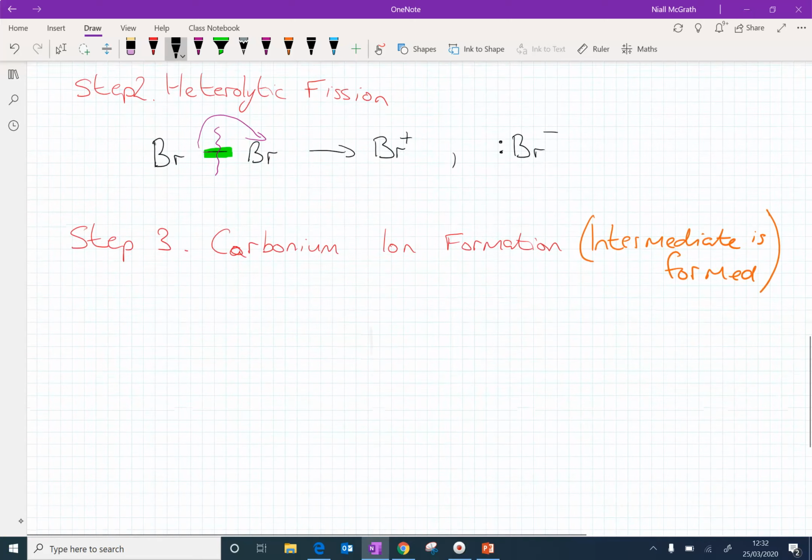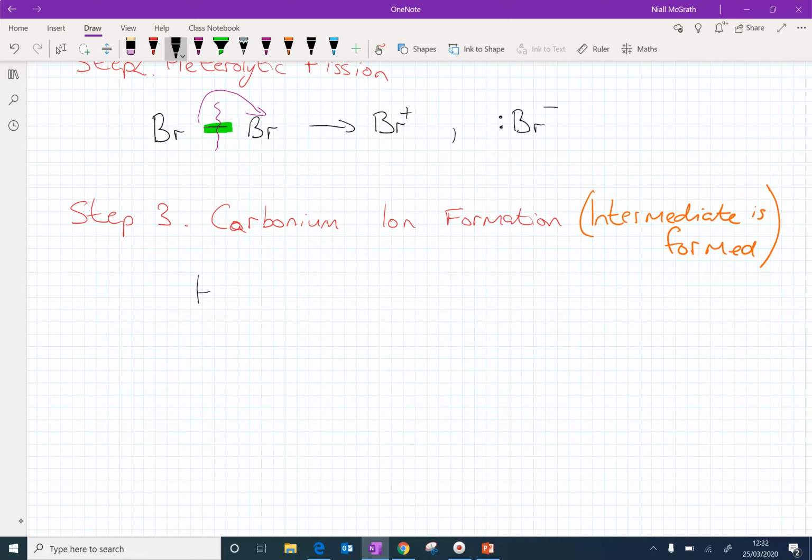So we have to draw our ethene again. Okay, in this, we're just concentrating on this Br plus, because this is a high density of negative charge.